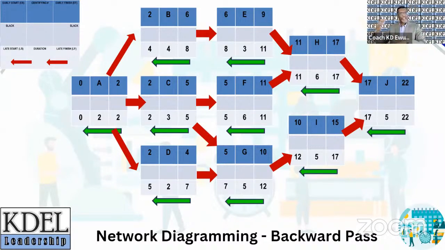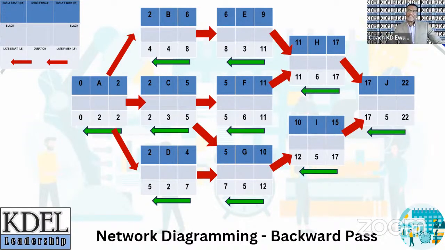Now we're going to reverse and do what we call the backward pass. This helps us identify the values of the late start and late finish dates. And we're going to work backwards this time from activity J back to activity A. We're going to be focusing on the bottom rung of each activity box, where the horizontal backward green arrows are placed.